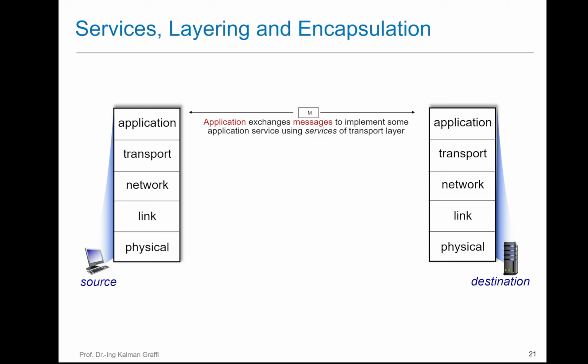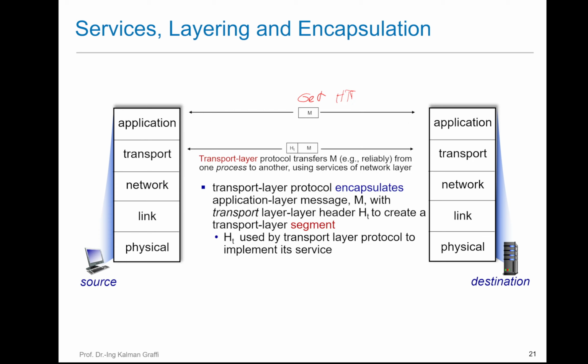What you typically have is you start with a very simple message. For example, here you have the GET message, GET HTTP 1. I think it's a little bit different, but okay. So we have the request for an HTTP file, and this is the message we send.